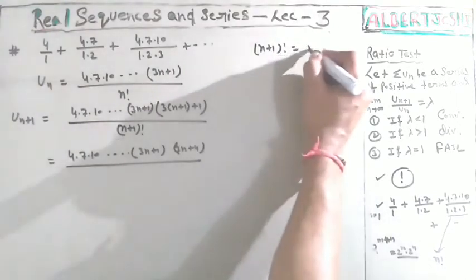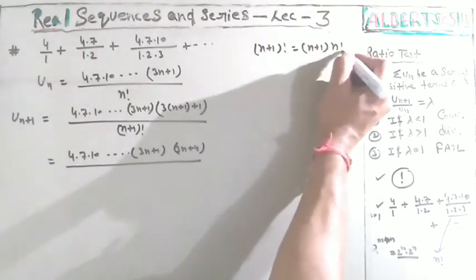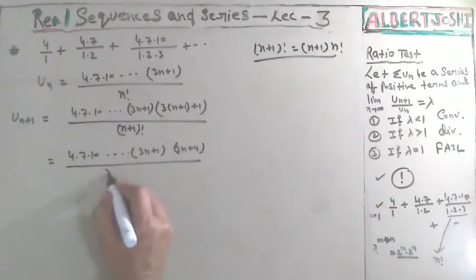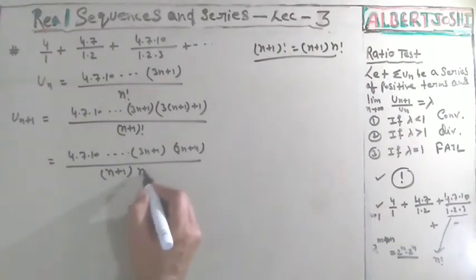You can write this as n plus 1 into n plus 1 factorial, that is n plus 1 into n factorial.